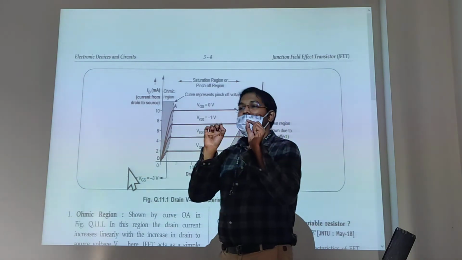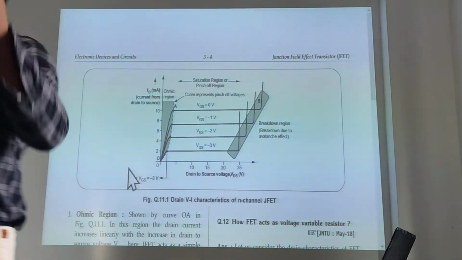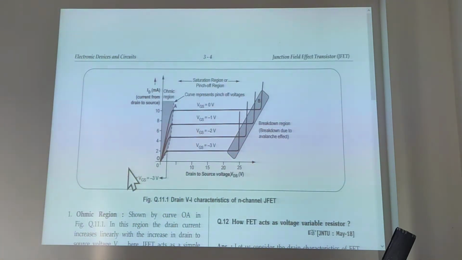Now, already I explained, I want answers from you. The question says operating in ohmic region. In ohmic region, you can replace the FET by a resistor. Very good.